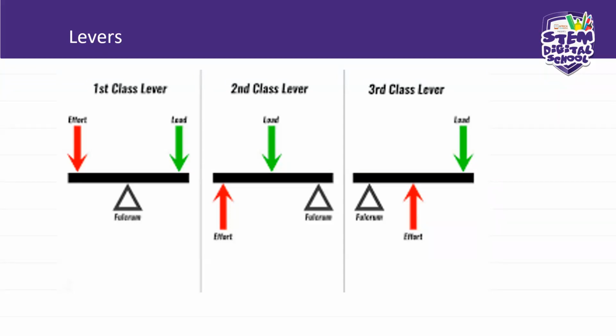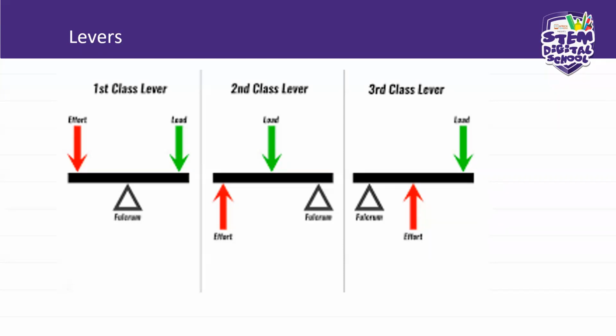So grade 8, I hope this is what you did when you were learning for your tests in grade 7. When you want to remember your classes of levers, you must just remember FLE, flare, FLE. Now the F is class 1.